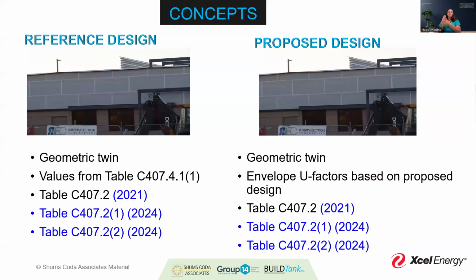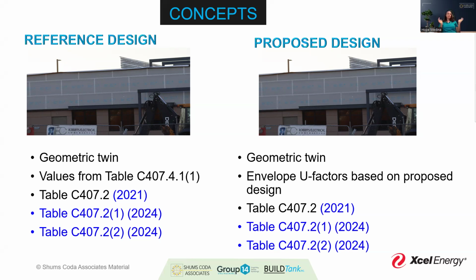All right. So when we start talking about how this works, we have the concept of what a reference design would be and then what our proposed design is. So they're identical, right? They have the same amount of square footage. They have the same design, the same outcrop, the whole 9 yards.